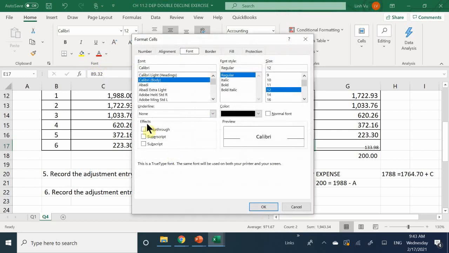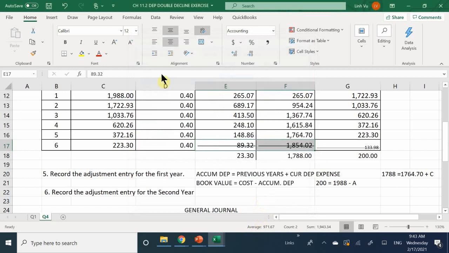Okay, so there you go. Strike through. So striking through them, that means for the 6th year or its remaining life, the remaining 8 months, you're going to depreciate it for $23.30 so that your book value equals your salvage value of 200, right?